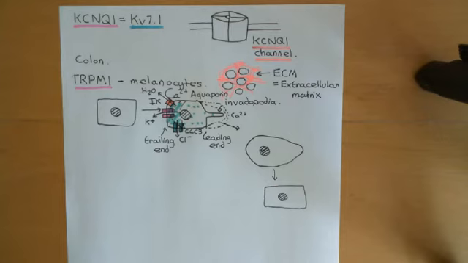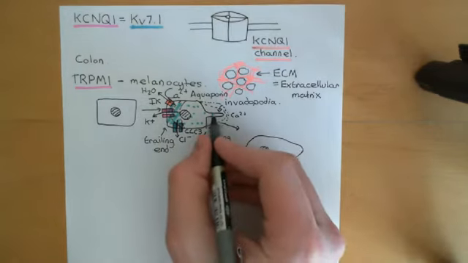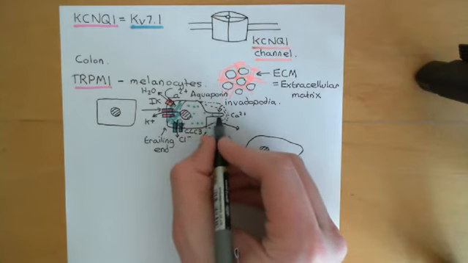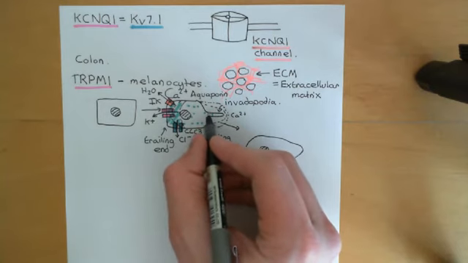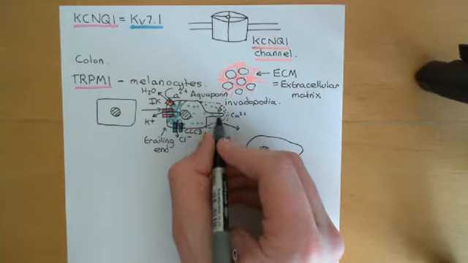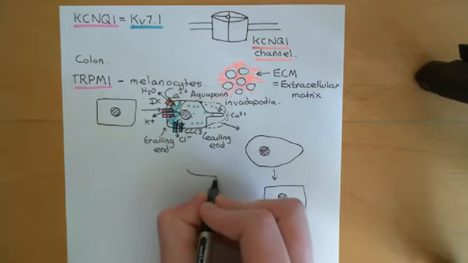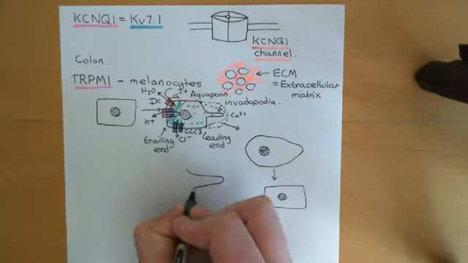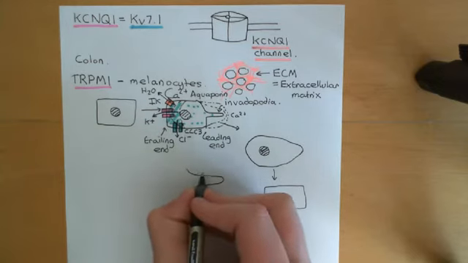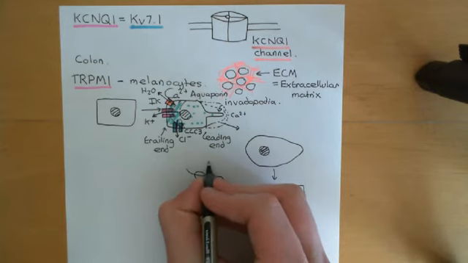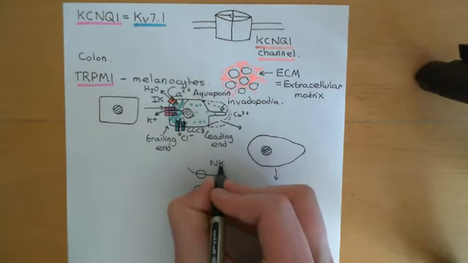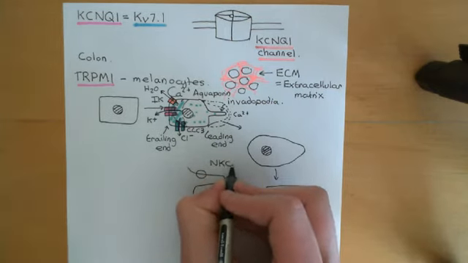Okay, right, now just for a complete picture here, I'm going to tell you what happens at the invadopodia end to increase the cell volume over here. At the invadopodia end, what's believed to underlie the increase in cell volume is the presence of an NKCC, a sodium-potassium chloride cotransporter.